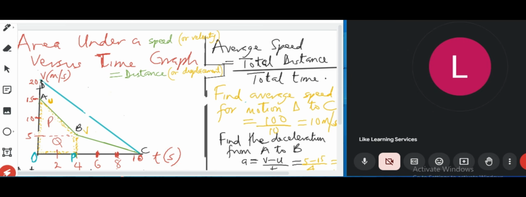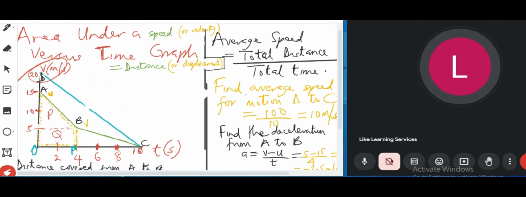But the area under a graph of velocity against time will be displacement. Although at this level, we could basically be talking about distance, even though in some cases it might be displacement that we actually have to talk about.